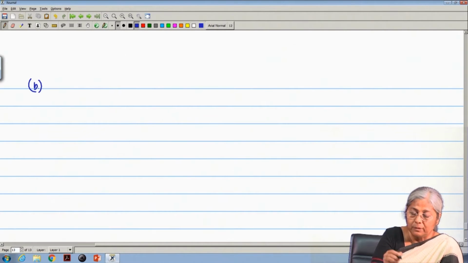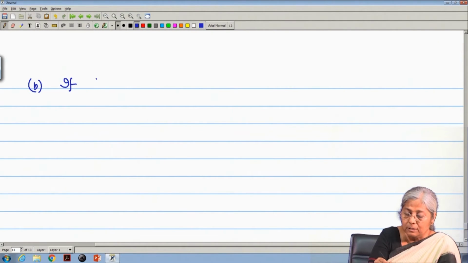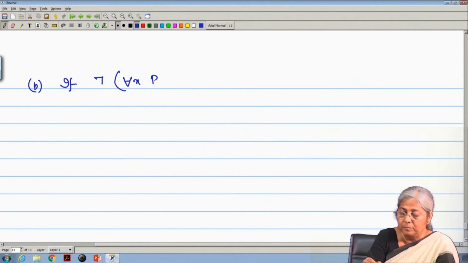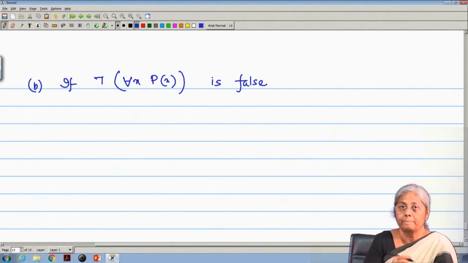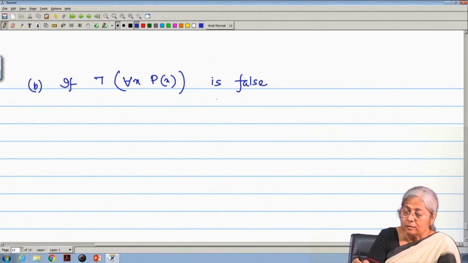We see the B part, that if the negation of for all x p x is false, then similarly we can tell that for all x p x is true.